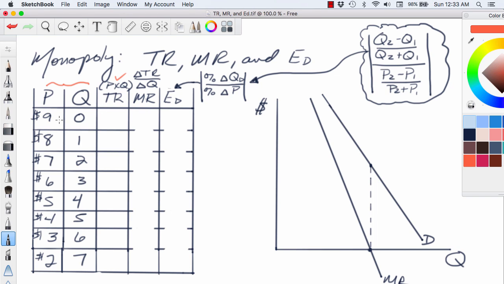So we see here that if we multiply the price times the quantity, we get 0, 8, 14, 18, 20.